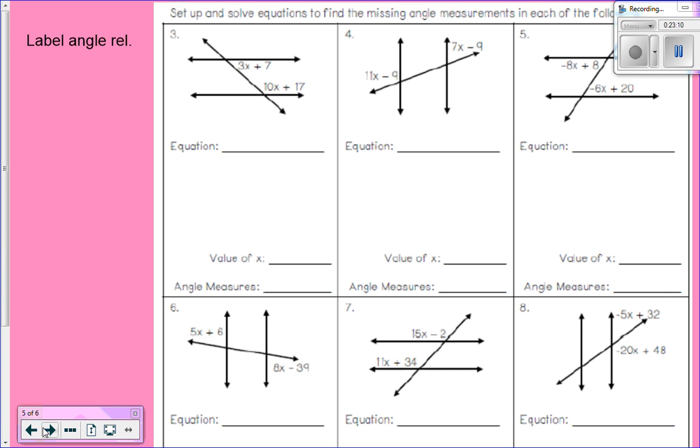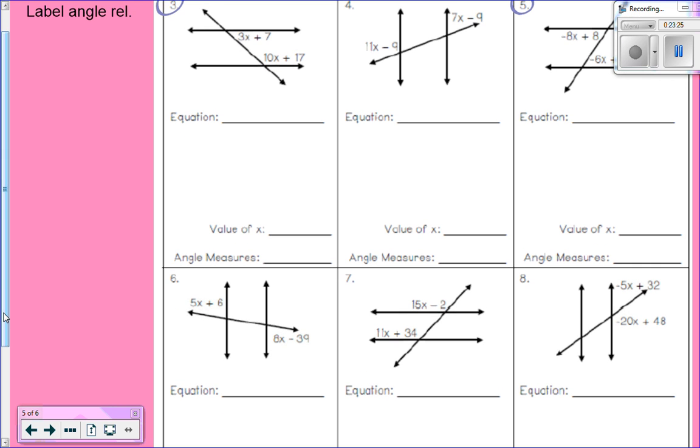With your table, I want you to try number 3, 5, and let's do 6.